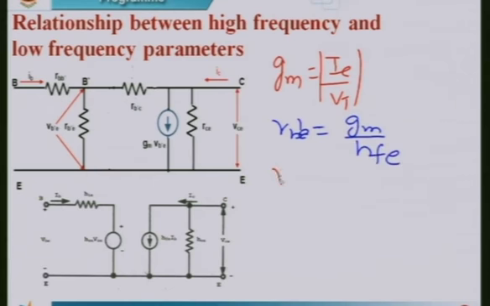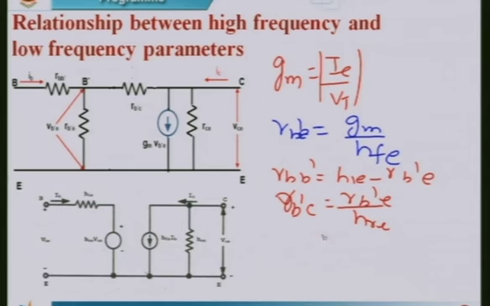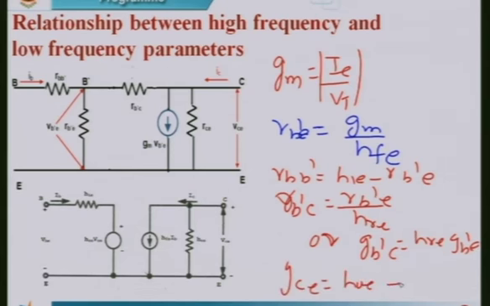The base spreading resistance rbb' is equal to hie minus rb'e, and rb'c is equal to rb'e divided by hre. In terms of conductance, gb'c is equal to hre into gb'e. Finally, you calculate that gce is equal to hoe minus gm into hre.